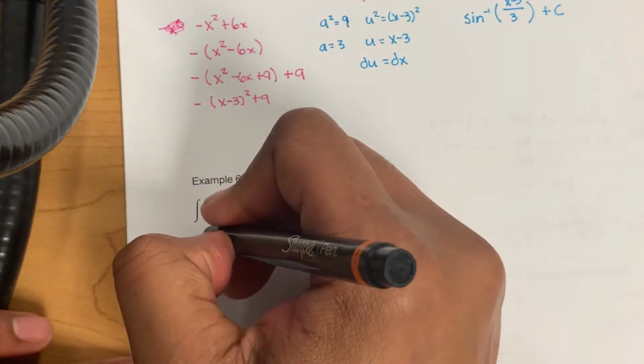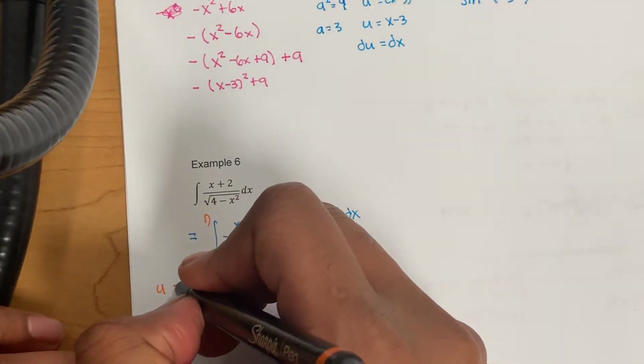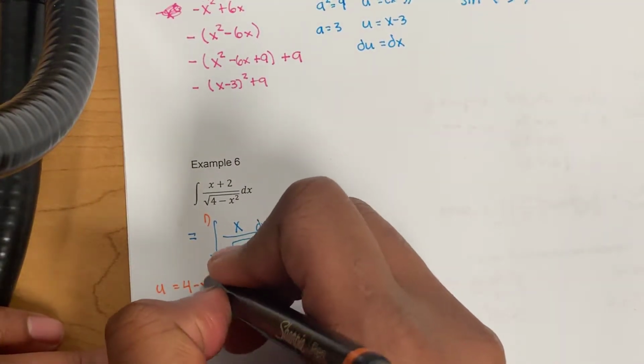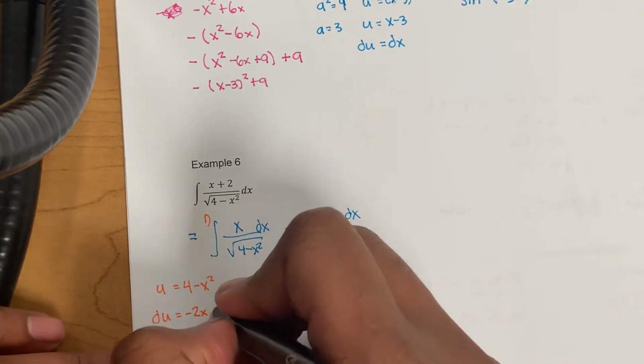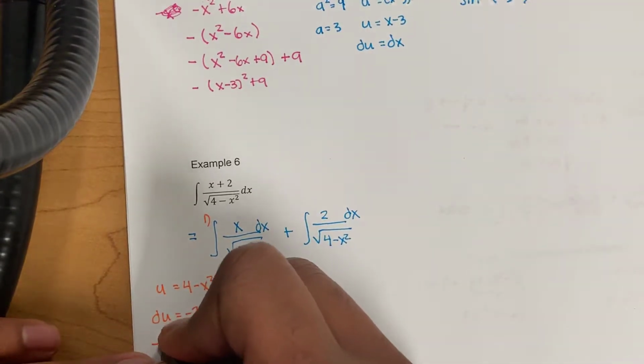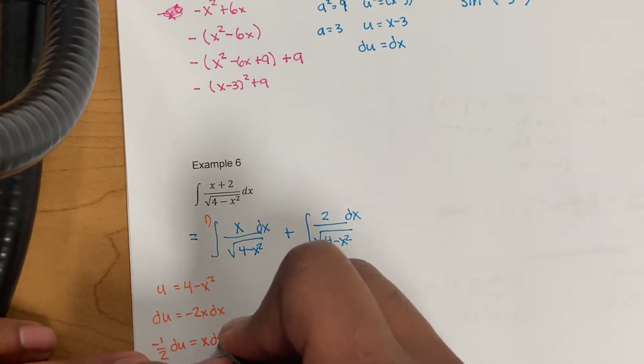For this first integral, for integral 1, we have u equals 4 minus x squared. So du is equal to negative 2x dx. And so negative 1/2 du equals x dx.